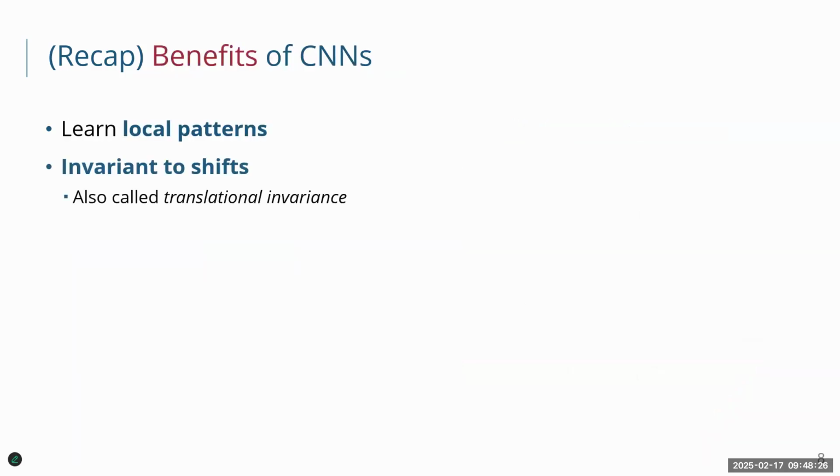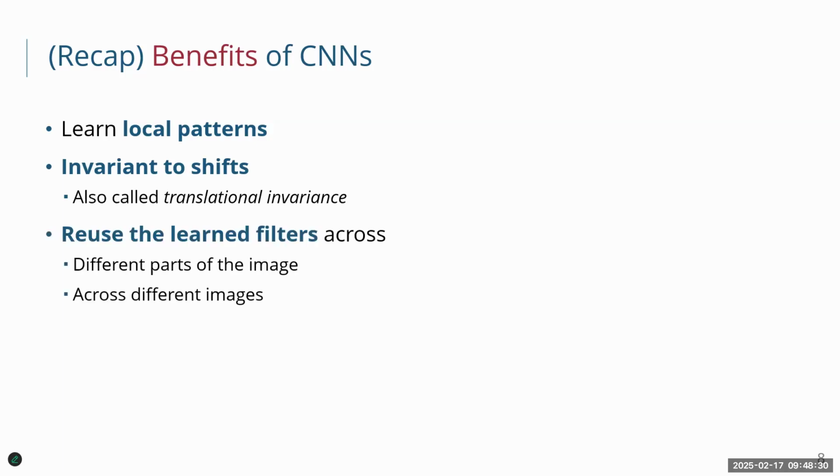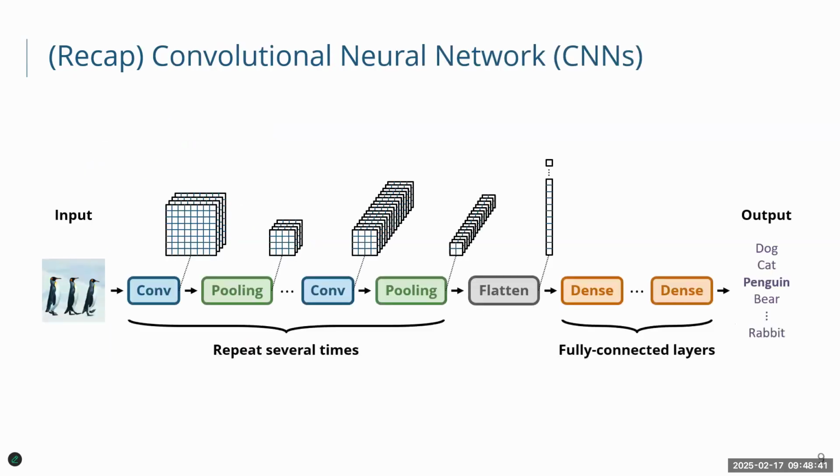So the benefits of CNNs: local patterns, invariant to shifts, reuse of learned filters. And this is important that it's reusing across different parts of the image, but at the same time across different images. And it's much more parameter efficient.